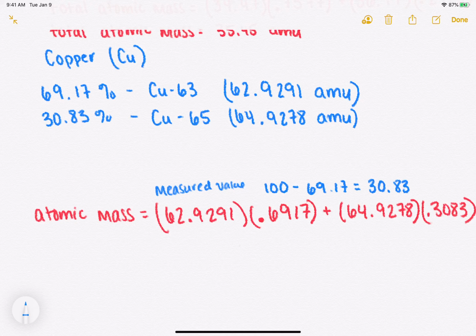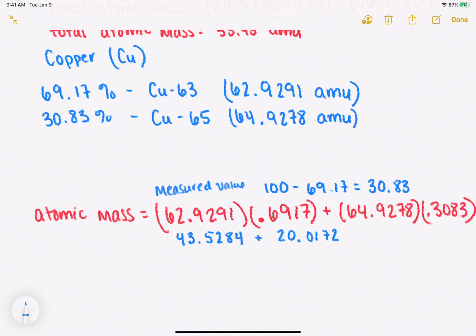So when we multiply those two numbers together, I know you would probably be doing this entire thing in your calculator, but I actually recommend going step by step because it's easier to follow through with your sig figs. But so when you do this step by step, for the first step you would get 43.5284 plus 20.0172.